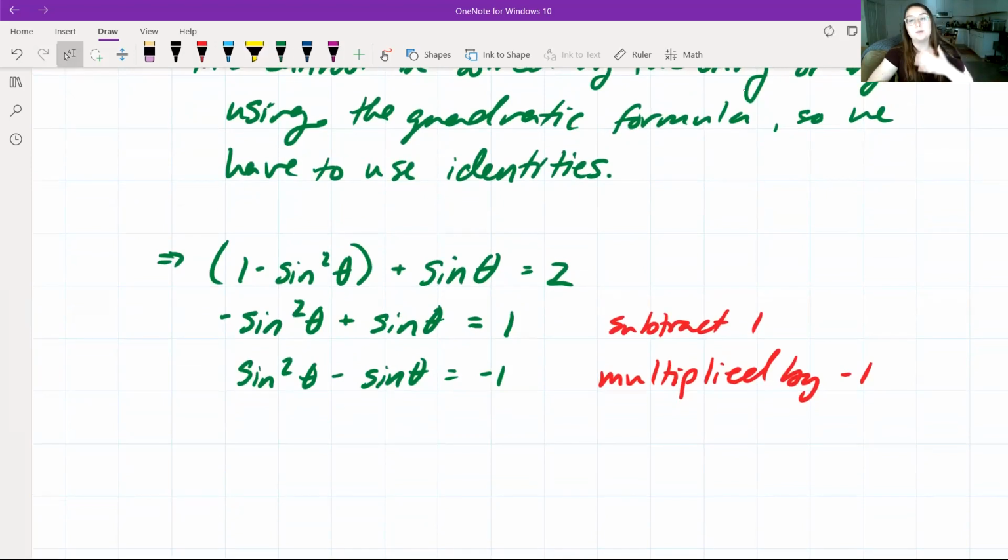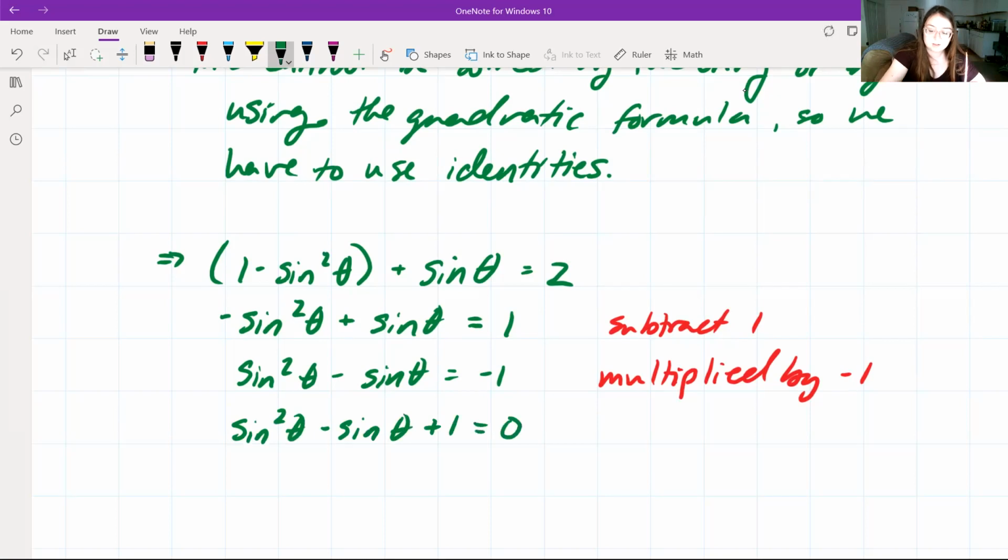Now we want to have an equation where our equation is set equal to 0. So we're going to add the negative 1 to both sides. This gives us sine squared of theta minus sine of theta plus 1 is equal to 0.